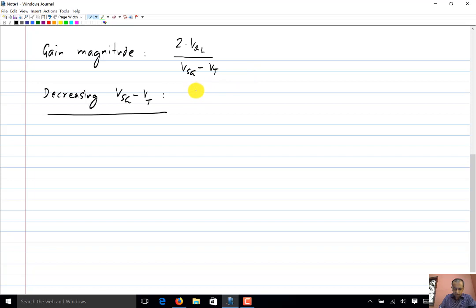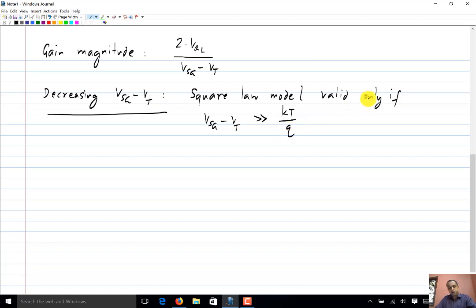it turns out that the square law model that we use is valid only if VSG minus VT is much greater than the thermal voltage kT by Q, where K is Boltzmann's constant, T is the absolute temperature, and Q is electron charge.